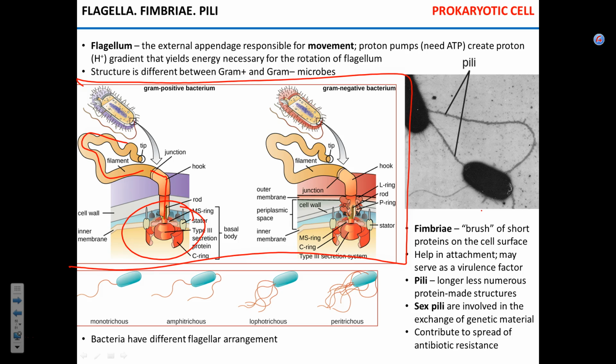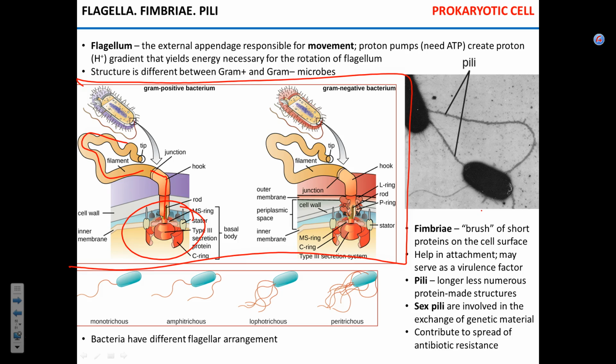What is interesting is how the motor works. Not in very much detail, but remember in oxidative respiration, which we're going to talk about more, ATP is synthesized when hydrogen ions go through the molecule of ATP synthase. It's a gradient of hydrogen. Hydrogens diffuse through the large ATP synthase, and the energy of that diffusion allows ATP to be produced.